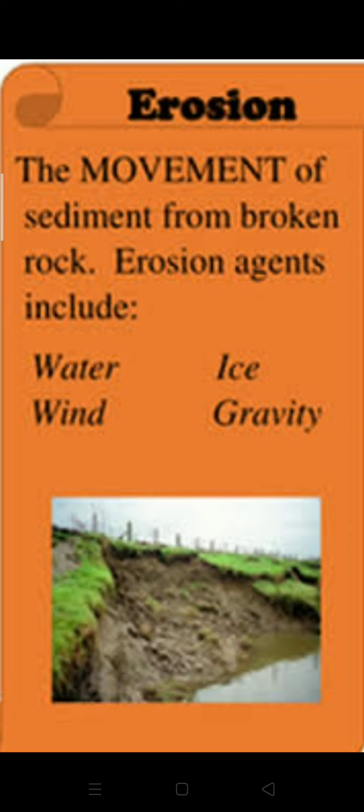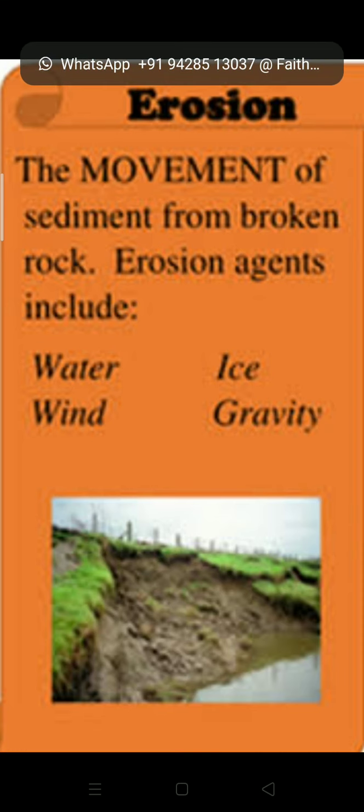Gravity means the pull of the earth, correct? So erosion is nothing but the movement of sediments from broken rocks. The small pieces move away to some other place with the help of agents. This is called erosion.